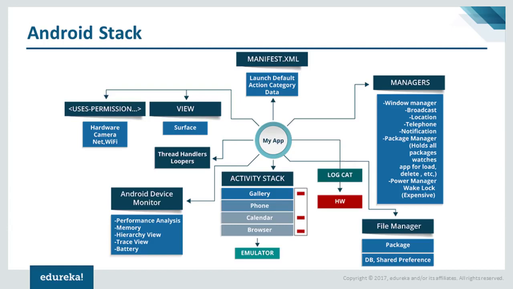It puts your application under a hardness test, and it checks your application for performance analysis, and it checks how much memory your application is hogging, and it checks the hierarchy view, and the trace view in turn will show you why your application is sluggish, which part of the application is running really slow, and how much battery your application is consuming. The battery historian is at another place where you can see the activity of your battery when an application is running. All these things are checked by your manager using your DDMS.